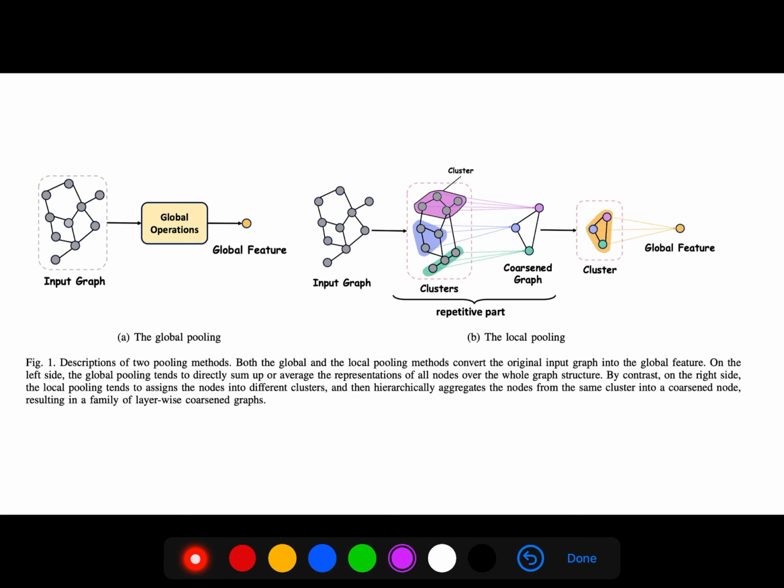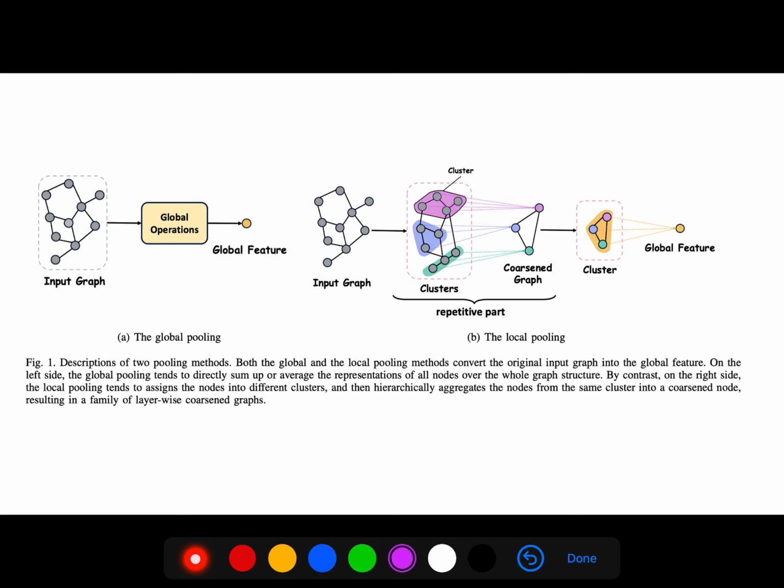Both the global and local pooling methods convert the original input graph into a global feature. On the left side, the global pooling tends to directly sum up or average the representations of all nodes over the whole graph structure.